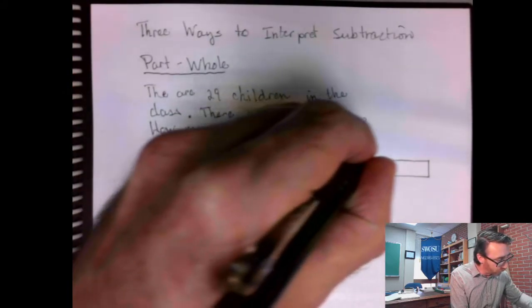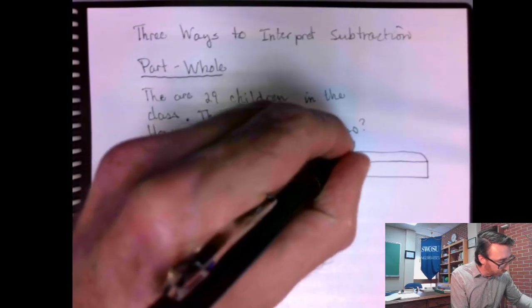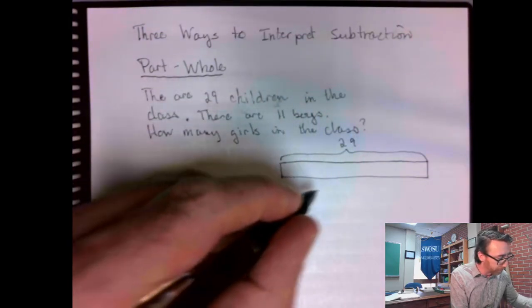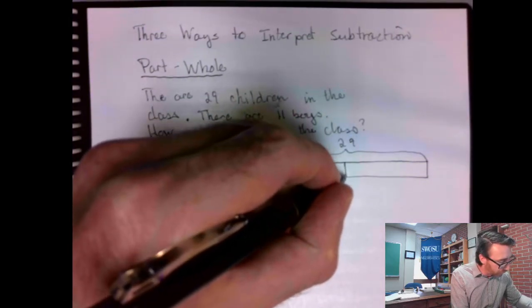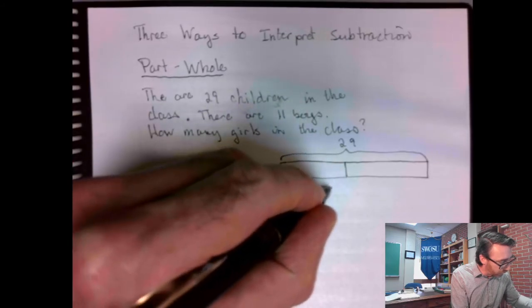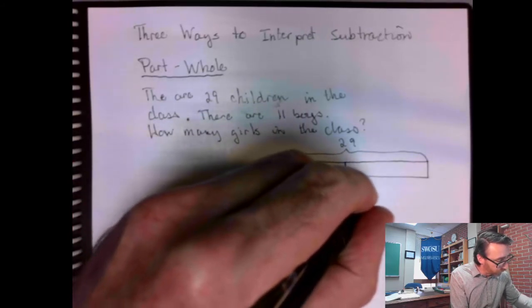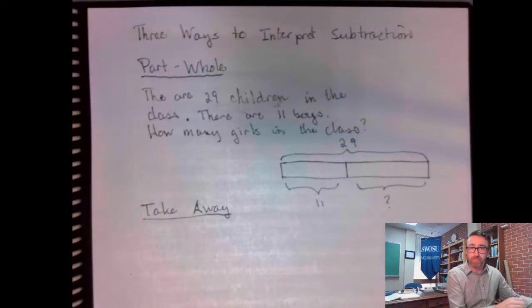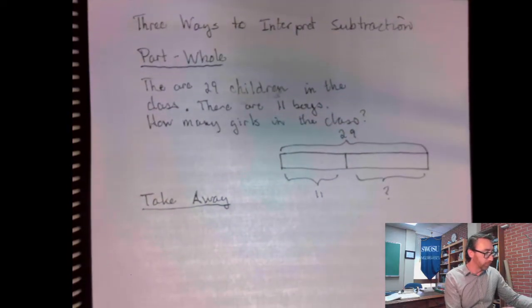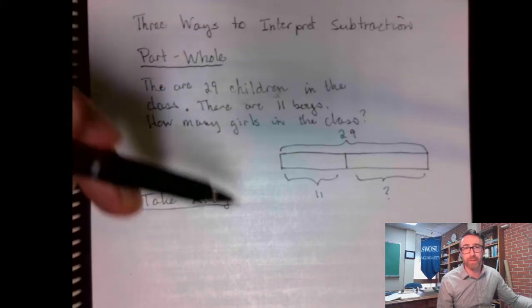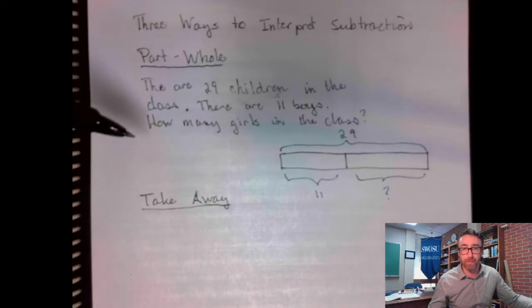So we know the total length of this bar is 29, and we know there are 11 boys, so the question is, how big is that piece? It's a neat way to illustrate that with the measurement model.